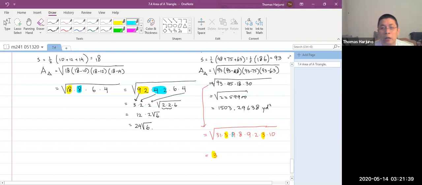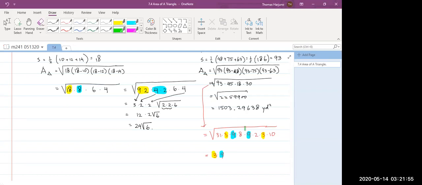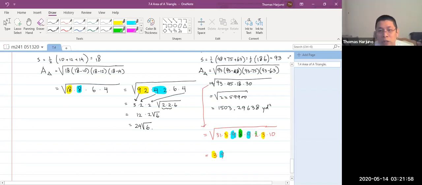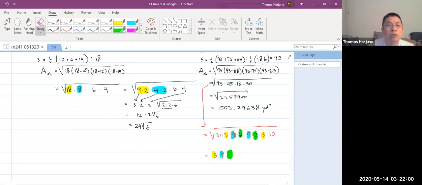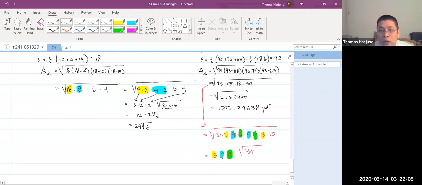And then 9 times 9 under the square root gives me 9. Okay, what else? The 8 and 2 is 16. Under the square root, that's 4. And then the square root of 310. That's actually the furthest I can go. So 36 times 3, that's 108 times the square root of 310.